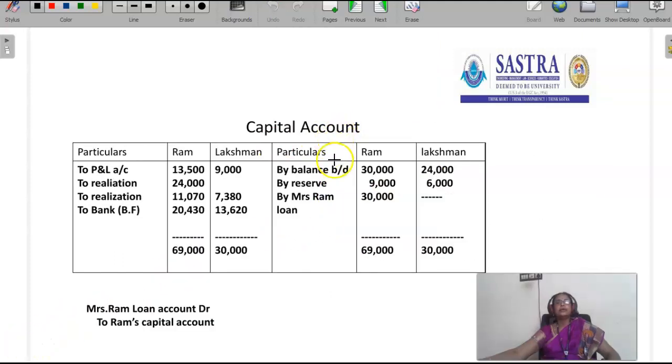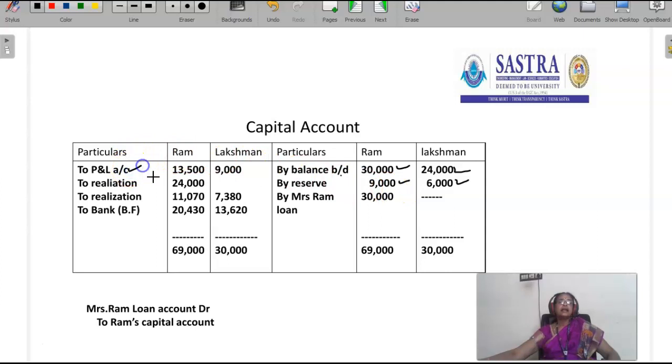Then the capital account. This is the balance: Ram 30,000, Lakshman 24,000. Reserve: Ram's capital account is credited 9,000, Lakshman's capital account is credited 6,000.